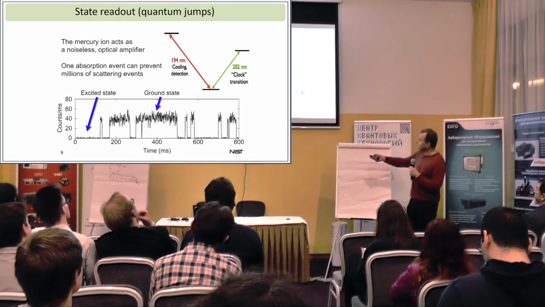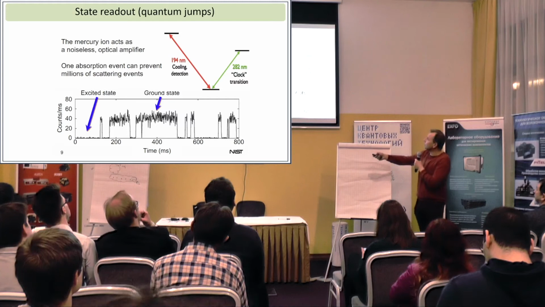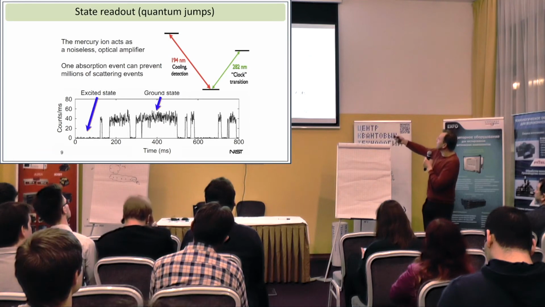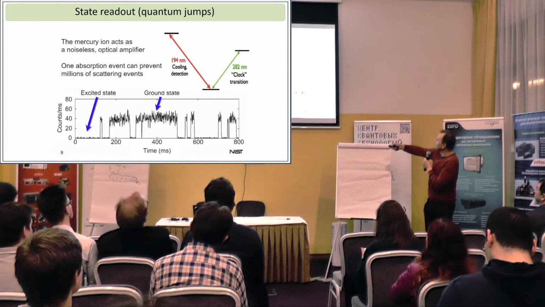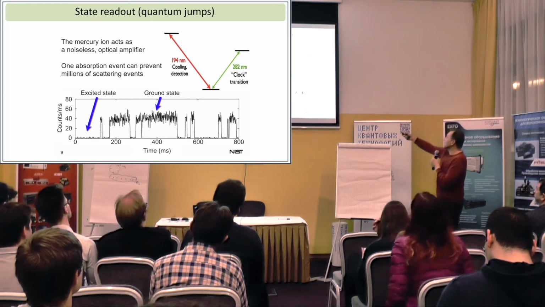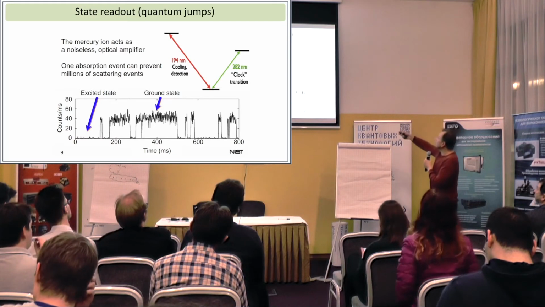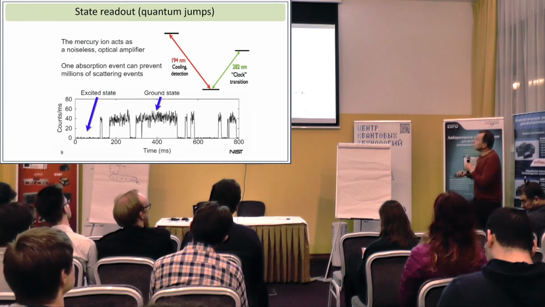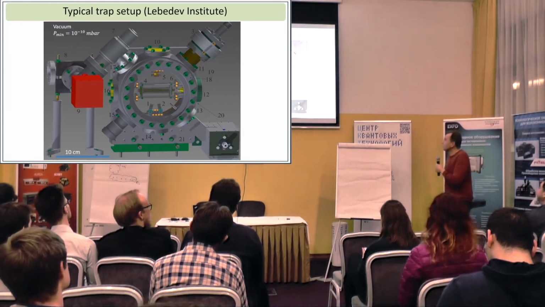And here is an example of one ion, when one of the transitions, the clock transition, is excited, and this projection took place, and you either see the ion or not, depending on in which state it occurs after projection. So this approach is also well known and widely used.